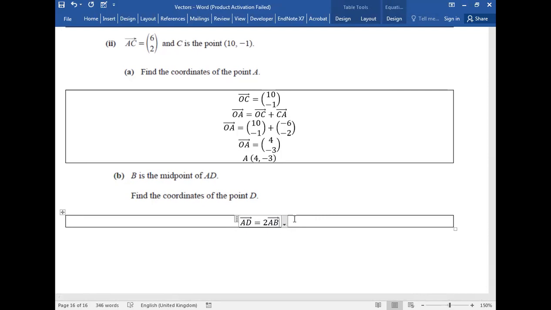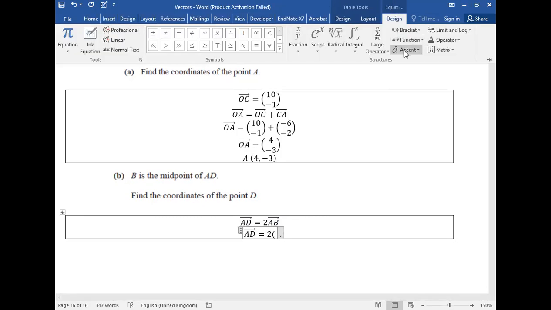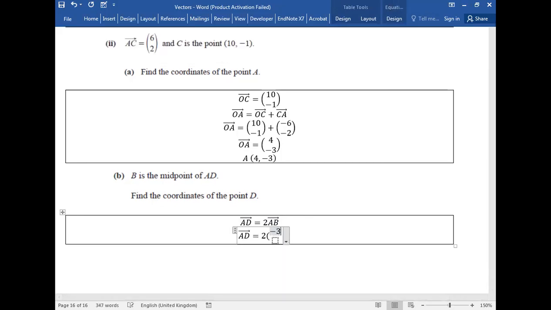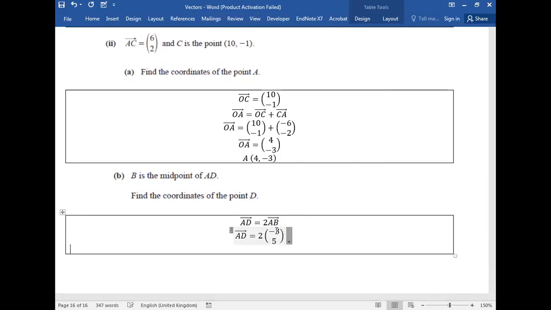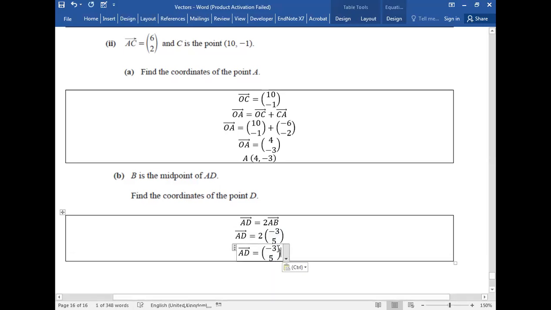Is that right? हाँ? I already know AB. इसको 2 से multiply कर लेते हैं. -3 and 5. You get it as -6 and... Why -2?